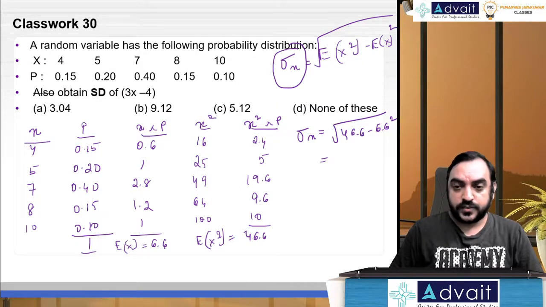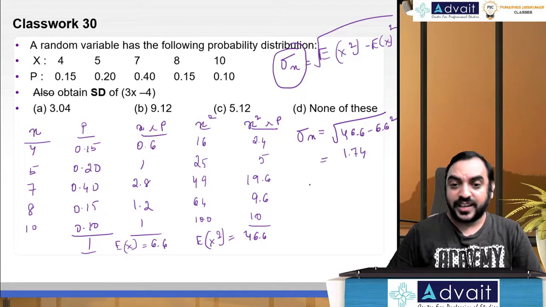So 46.6 is fine, 6.6 square, 46.6 minus 6.6 square, then square root. 1.74. 1.74.